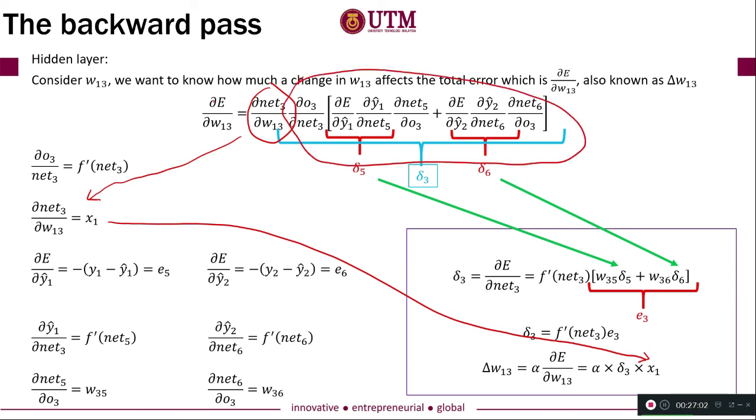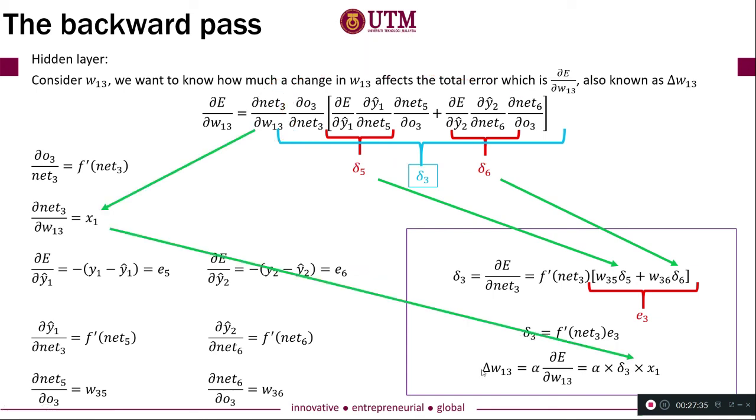To find del E over del W13, you must multiply your delta 3 with your del net 3 over del W13, which is this one. So now this one can be replaced with x1, which comes from over here. That's why in this expression delta 3 times x1 and times alpha gives the update of W13.